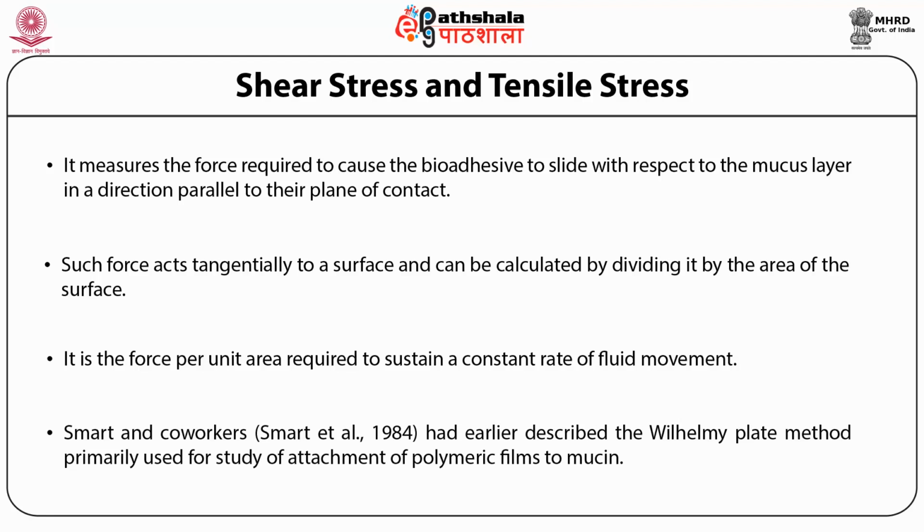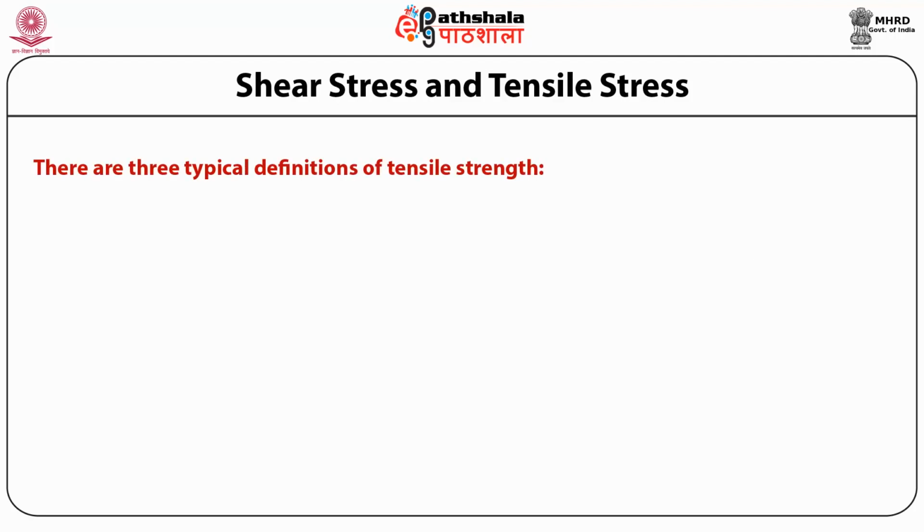Smart and co-workers were the first group of scientists who described the Wilhelmy plate method, primarily used for the study of the attachment of polymeric films to mucin. There are three typical definitions of tensile strength. They are the yield strength, the ultimate strength, and the breaking strength.